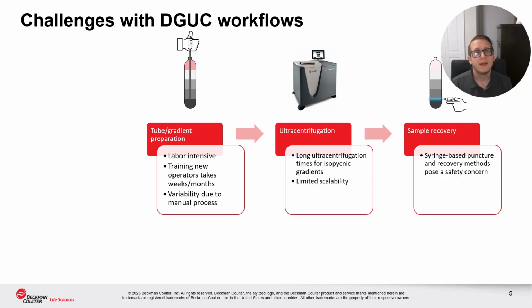Then in the ultracentrifugation step itself, as I mentioned with isopycnic on the previous slide, it takes a long time to form the gradient, and so these typically have run times of 24 hours or longer. Finally, recovering the sample is another step that suffers a bit from inconsistency because it is manual. And since most recovery methods utilize needles, there's an inherent safety concern as well.